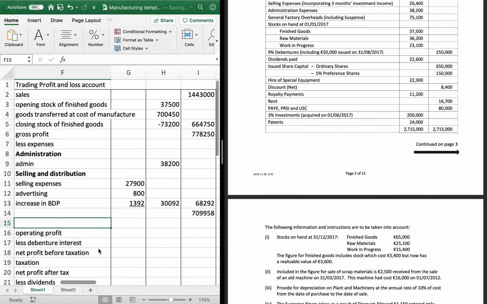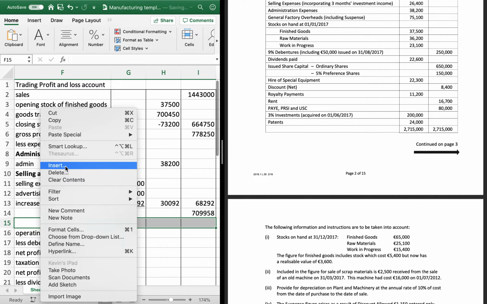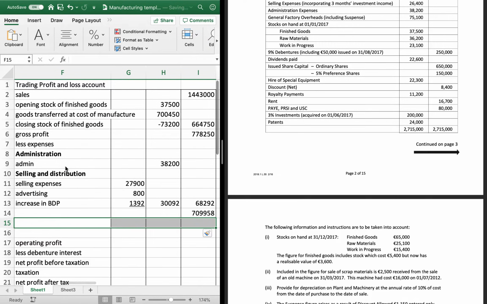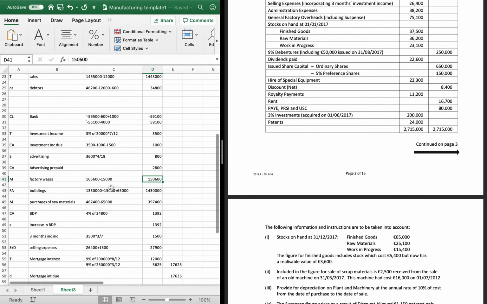Now, there's a couple of other operating incomes that I need to add in. We certainly have one, if not two, because we mentioned the rent. So rent of 16,700, that gets added on. And there was a discount, wasn't there, from the suspense working.